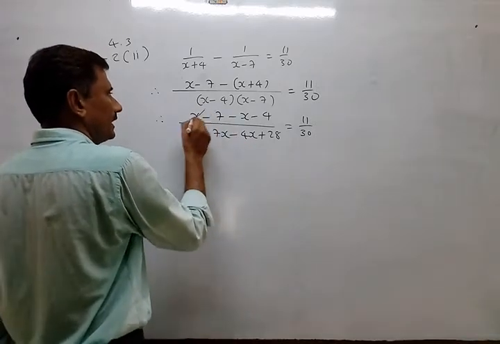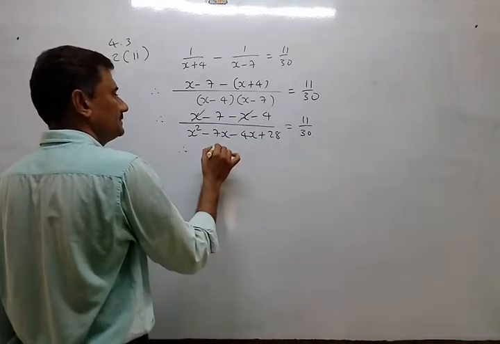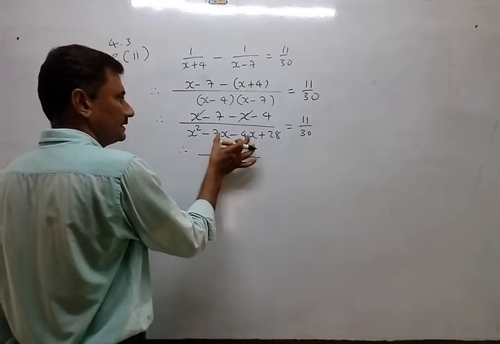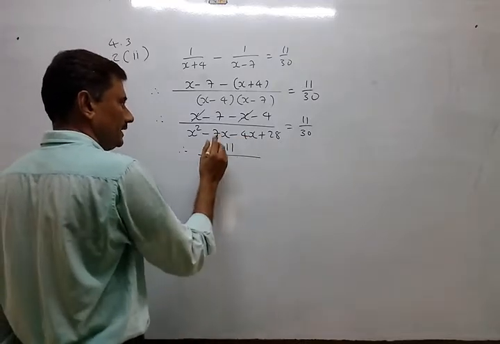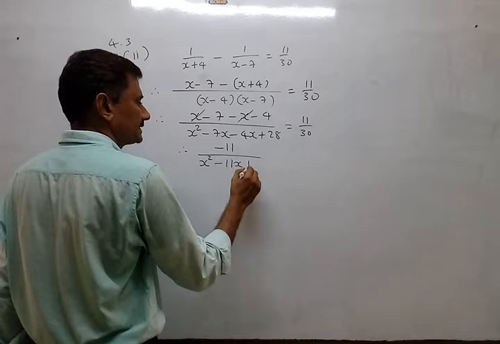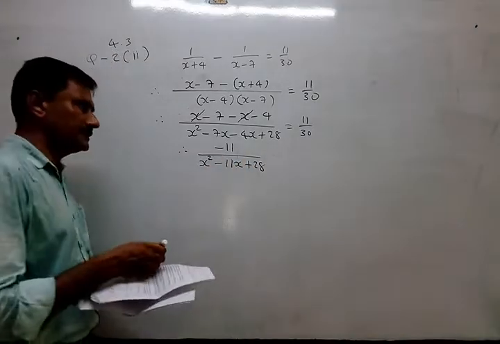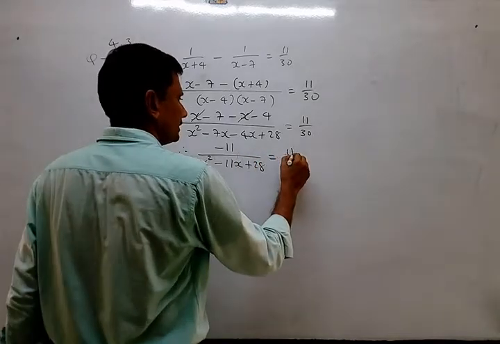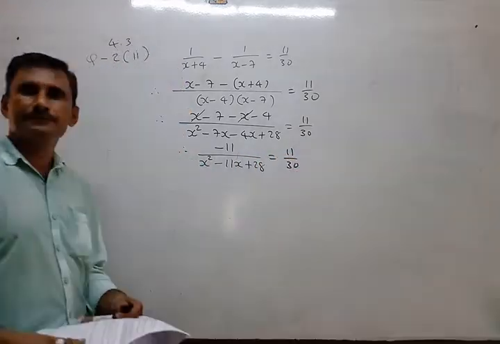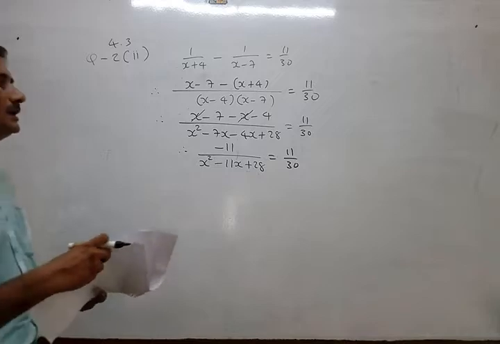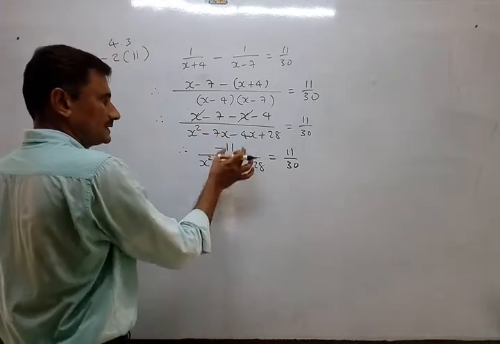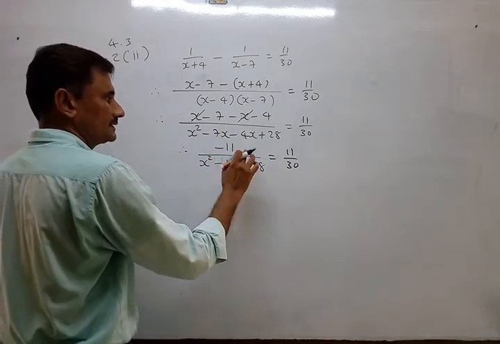Now x being cancelled, so left is minus 11. Here the like terms are combined and become minus 11x is equal to 11 upon 30. You understand? Minus 7 minus 4 is minus 11x.